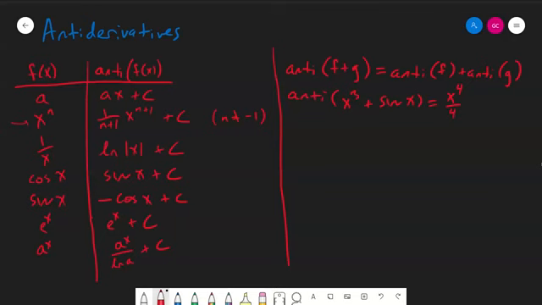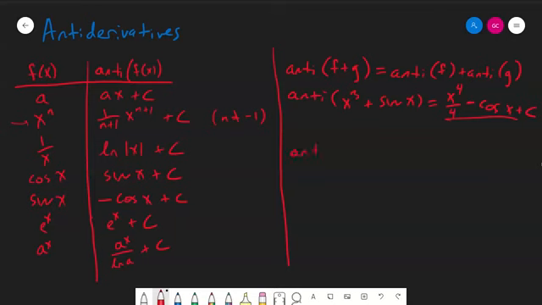And then the antiderivative of sine is negative cosine. We just put a single plus c at the end. I don't bother to put two different plus c's here. So the claim is that this is an antiderivative of x cubed plus sine of x. Well, certainly the derivative of what I wrote on the right-hand side splits up over that addition here, and so it gives me those two terms, x cubed plus sine of x.